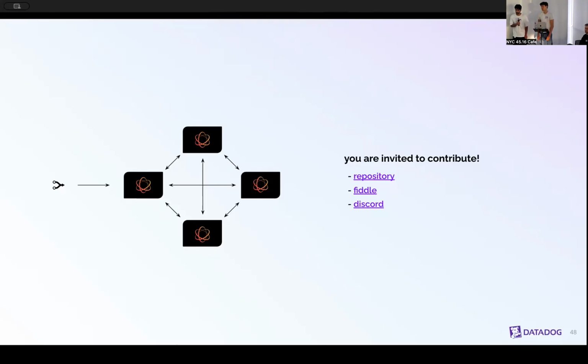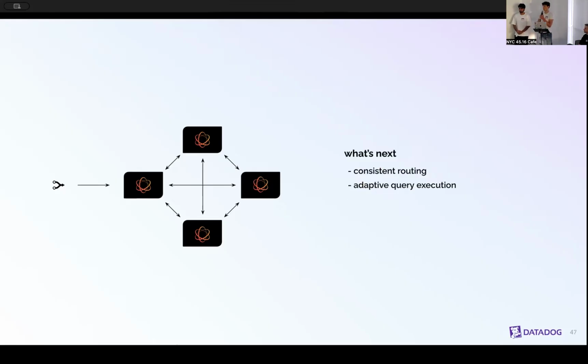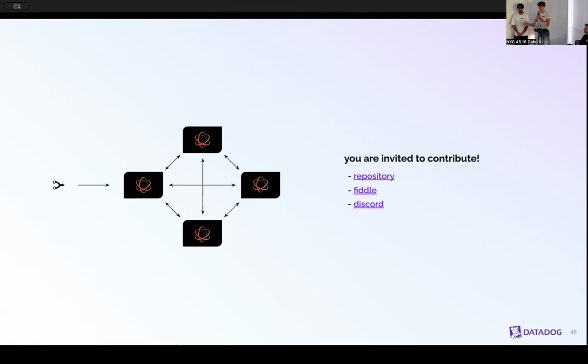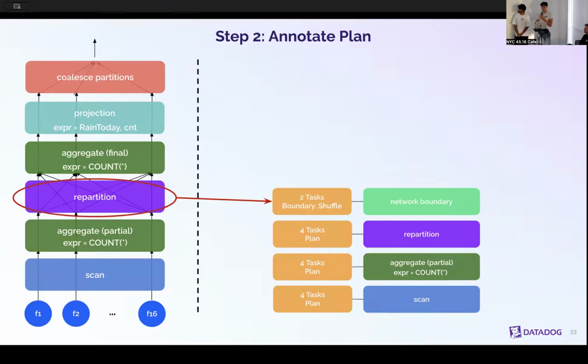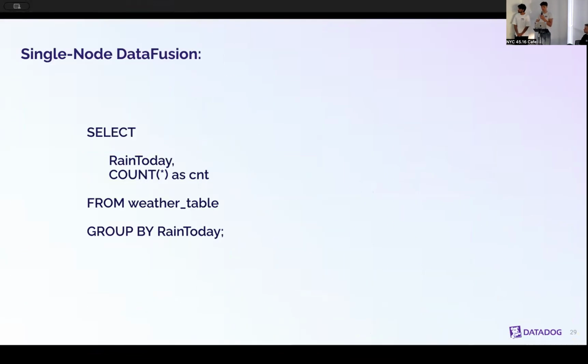Pretty simple question: how do you shuffle data? There was a group by key. So basically how it's planned, in this example, I can go back. The original query was grouping on the rain today column.